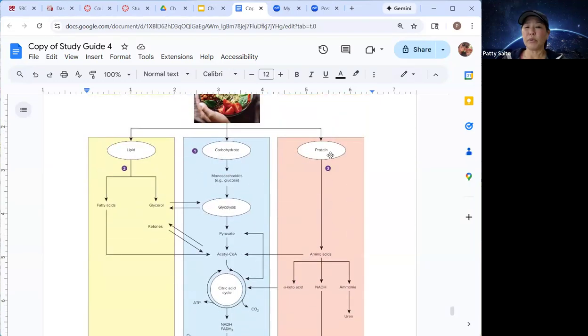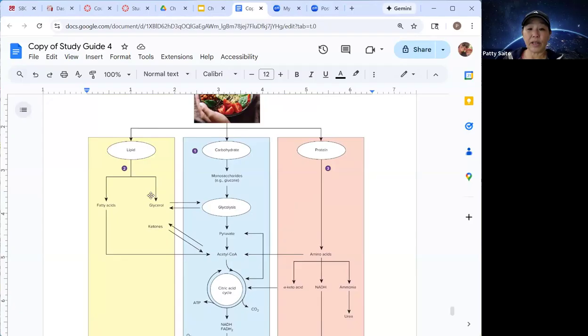Okay, but what are protein and lipids? How does that feed in? It's not a carbohydrate. These nutrients can feed into different parts of the pathway. So proteins can feed in here in the production of acetyl-CoA.